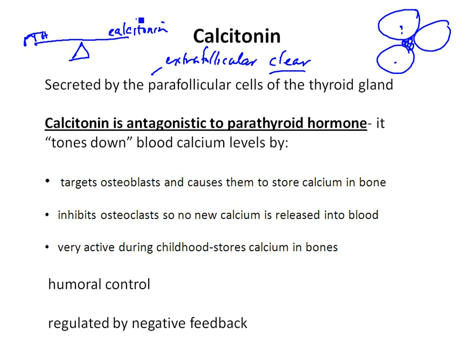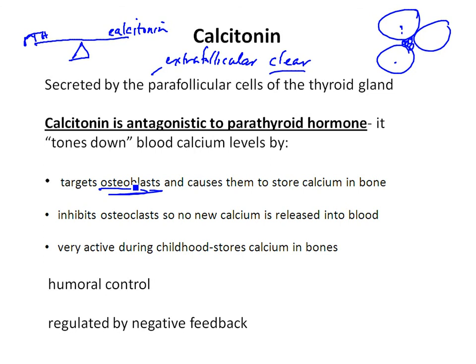How does it tone down the calcium levels in the blood? The first thing it's going to do is target osteoblasts. Remember, osteoblasts build bone. So the osteoblasts will get active, and they'll take that calcium out of the blood and put it into the bone and store it.